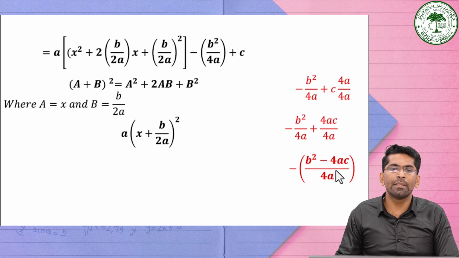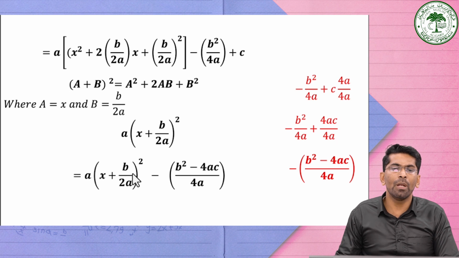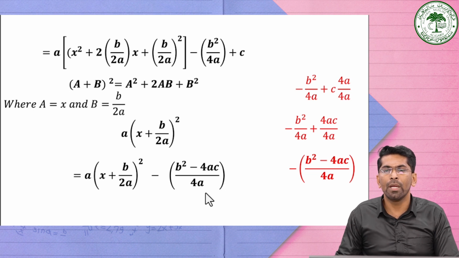So I am combining this term along with the complete square term, a into x plus b by 2a whole square. So our equation will become a into x plus b by 2a whole square, minus the constant term, b square minus 4ac divided by 4a.